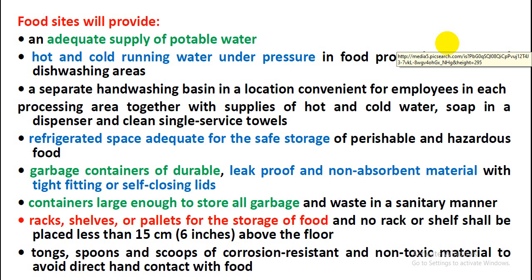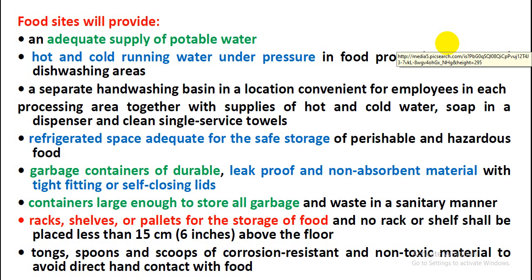To be more specialized, we have to consider that this running water should be in both temperatures, that means cold and hot, and also should be under pressure. I must have a compressor for the water, especially for the washing process. Otherwise, it will be hard to ensure that these utensils are really sanitized and cleaned in the proper way. Also, you have to consider separate hand washing basins in each location to aid the process of washing.